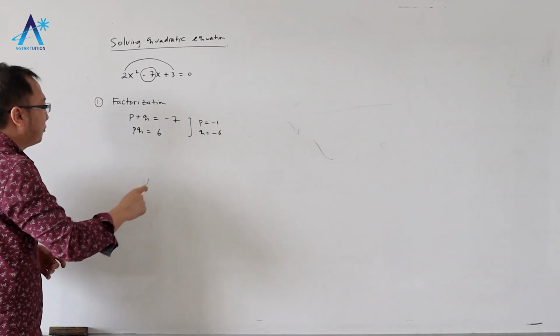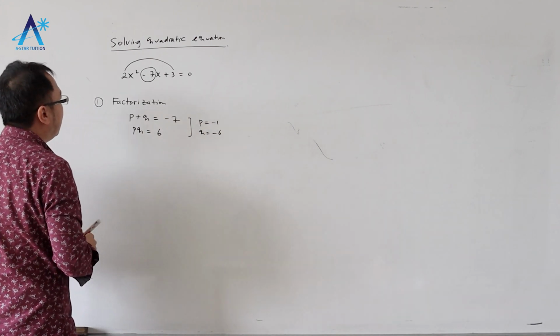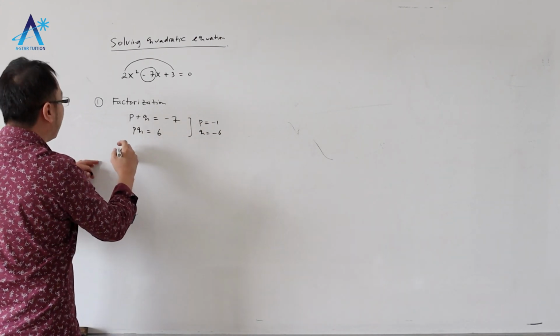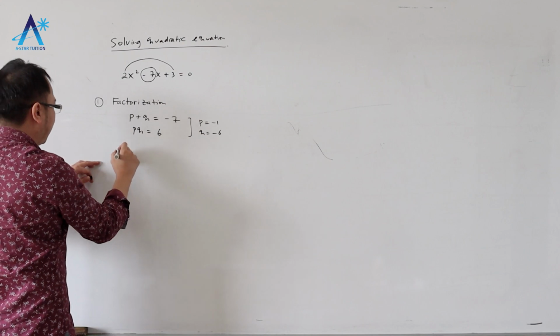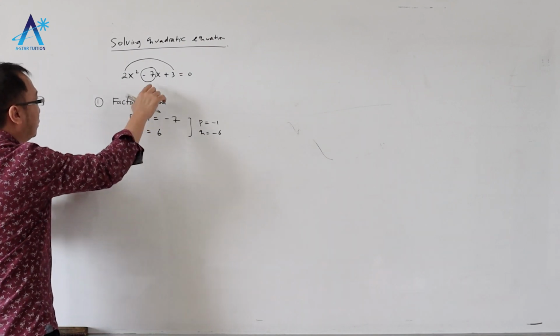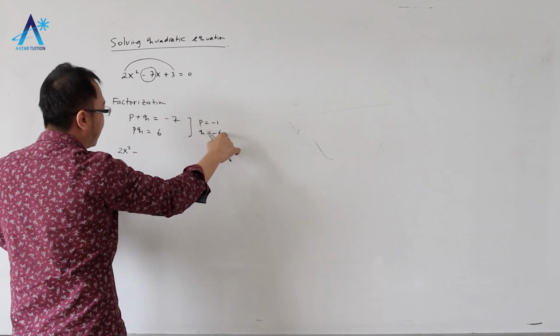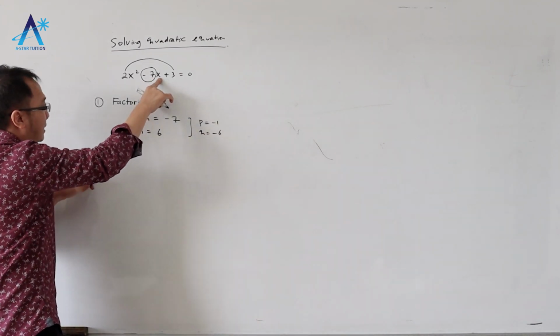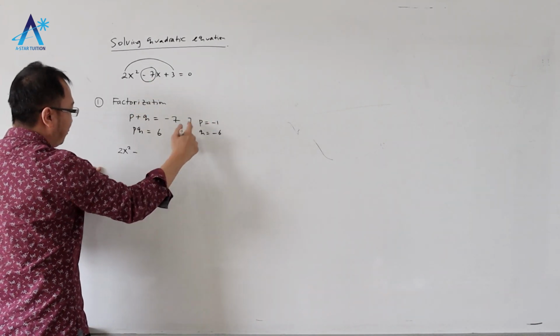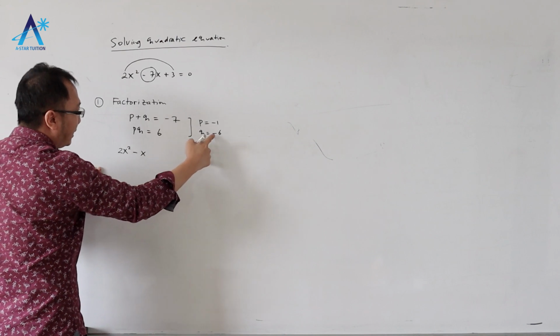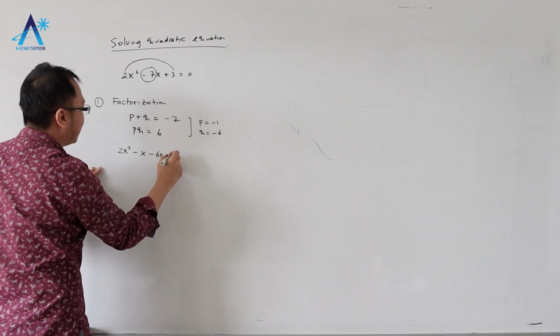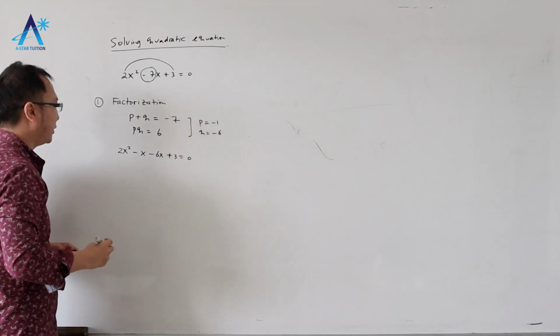Now after you figure out these two numbers, what you need to do next is to split the middle term right here into those two numbers we just figured out. So negative 7x could be written as negative 1x and then negative 6x. There we go.